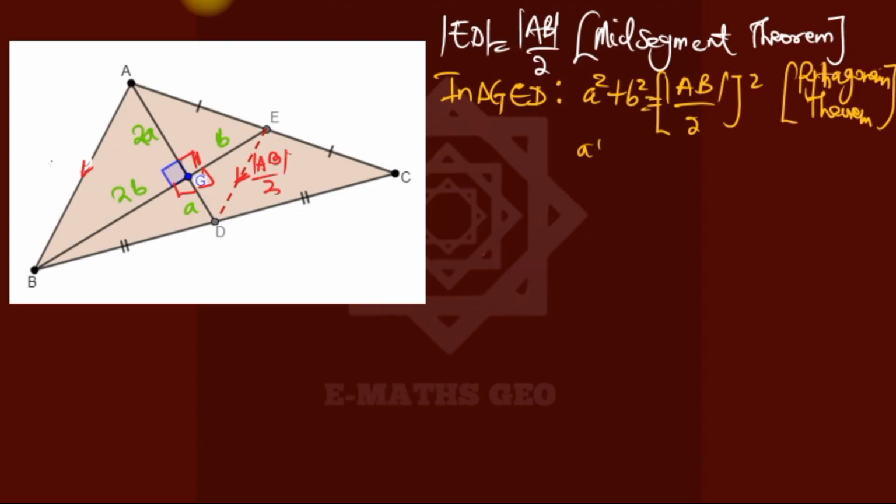So we have a squared plus b squared equals AB all squared over 4. Let's call it equation 1.